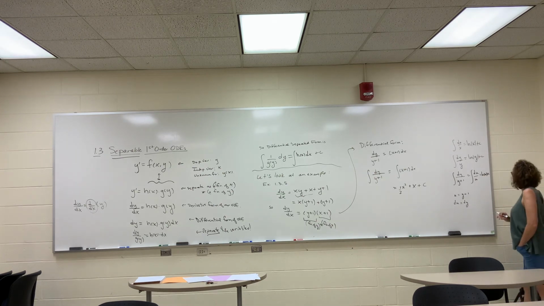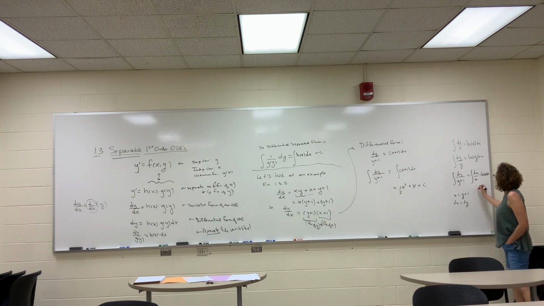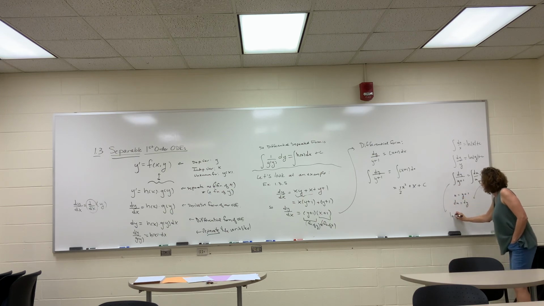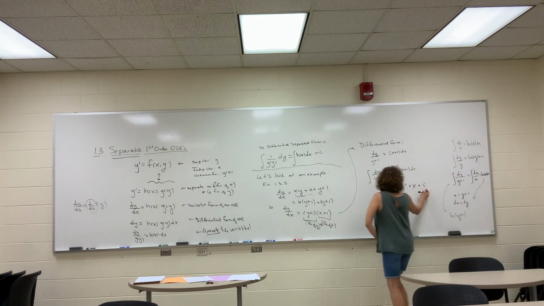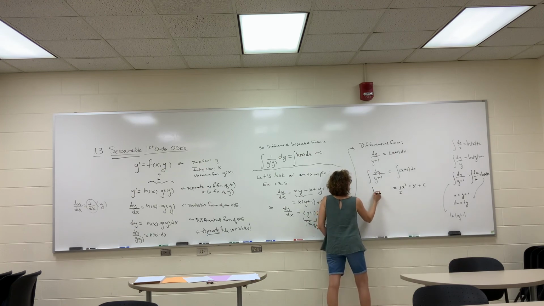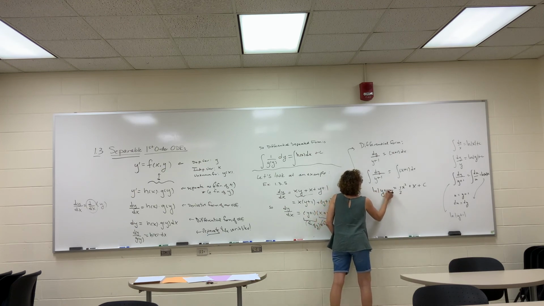Things could be positive or negative, right? And so then we go back to the fact that u was y plus 1, and so then we get that this guy is the natural log of the absolute value of y plus 1, right? Plus c, but we already put our plus c over here, so that's where this guy is coming from, the natural log of the absolute value of y plus 1.